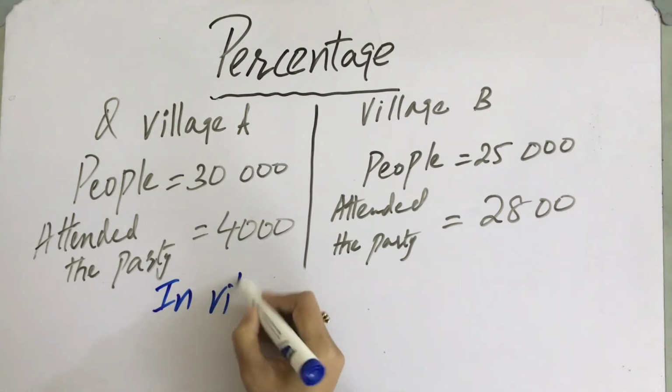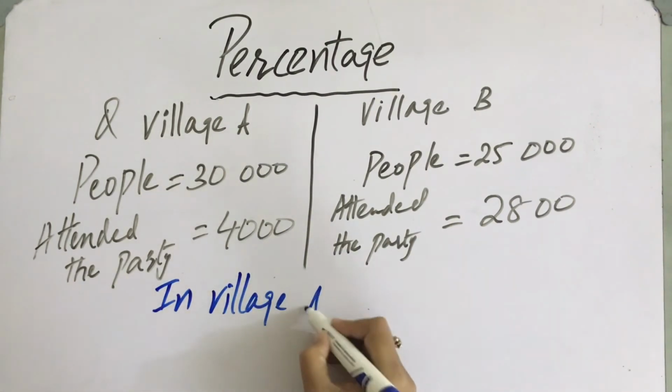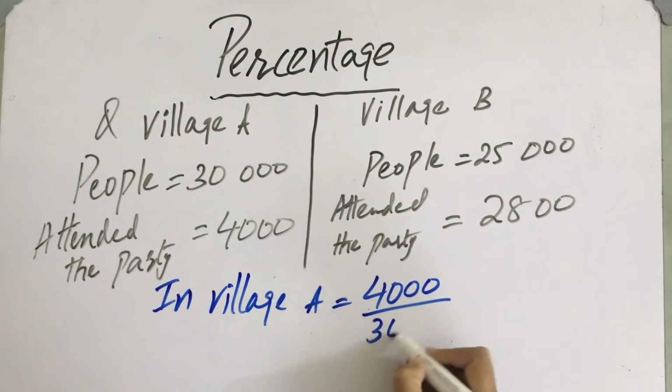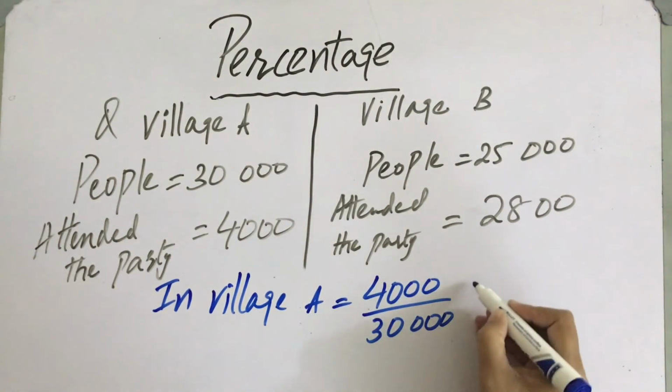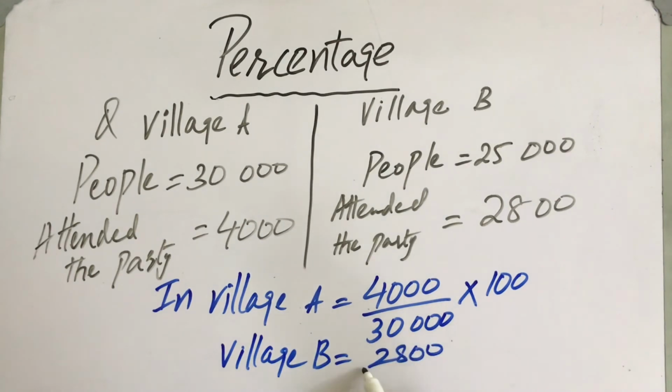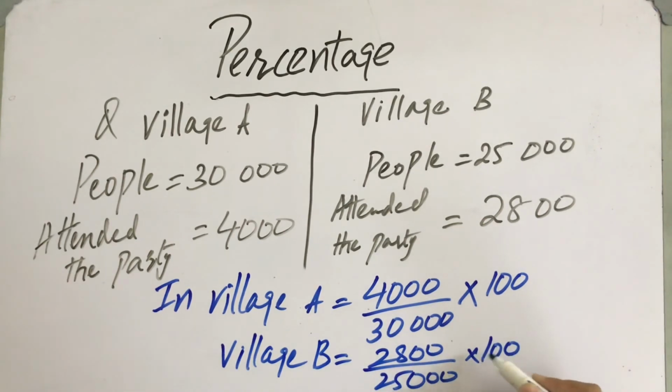So in village A, 4,000 people out of 30,000 attended the party, and we have to find the percentage. And in village B, 2,800 out of 25,000 attended the party, and we have to find the percentage. So we have to multiply with 100 to find the percentage, and the total people will be our denominator.